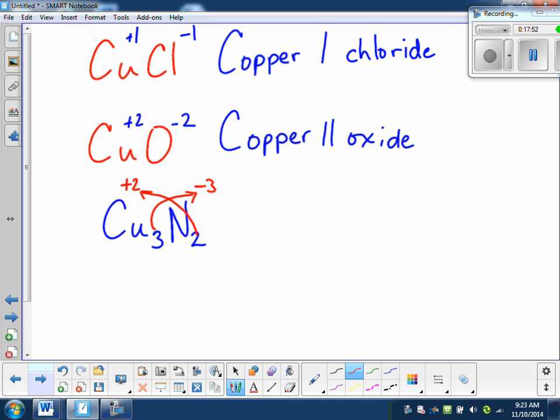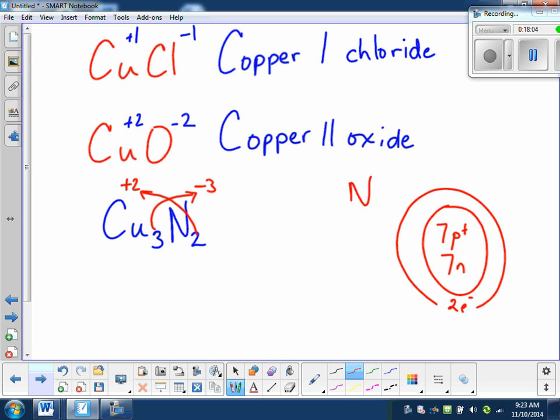Let me show you a minute just why. Nitrogen has 7 protons, 7 neutrons, it weighs 14, right? It's got 2 electrons here, then 5 electrons. What does every atom want to be like? Like a noble gas, stable like a noble gas. What does that mean?